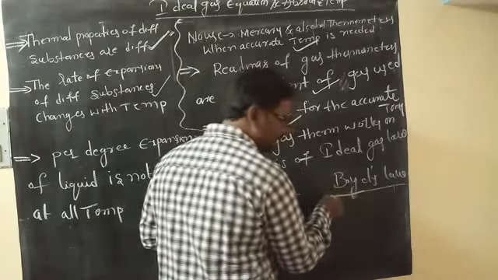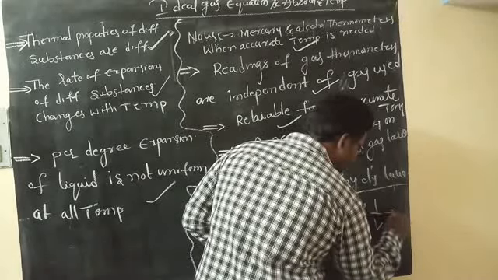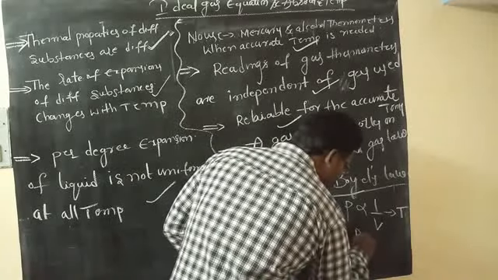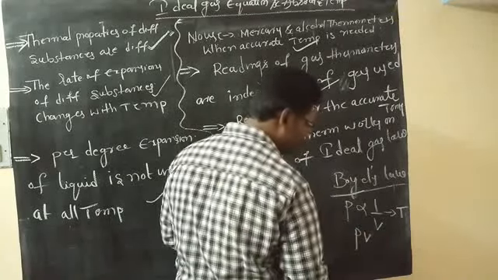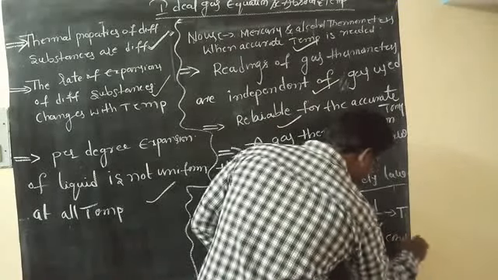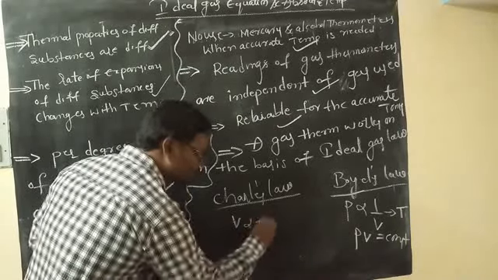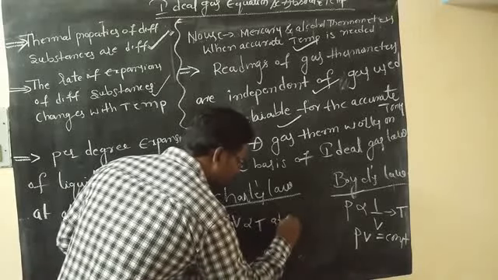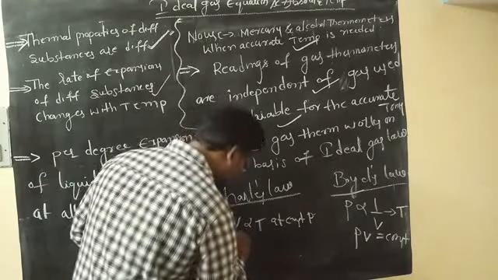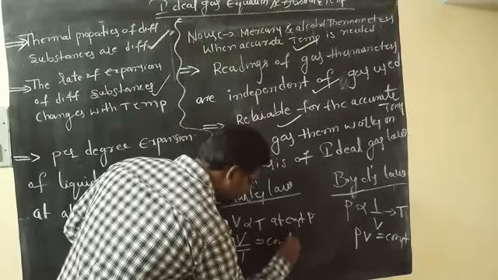Boyle's law states that P is inversely proportional to volume at constant temperature, and based on this we can write PV equals constant. Charles's law states that V is directly proportional to temperature at constant pressure, so we can write V by T equals constant.